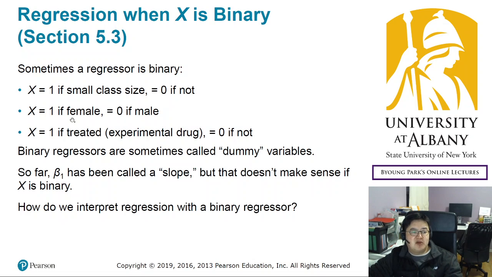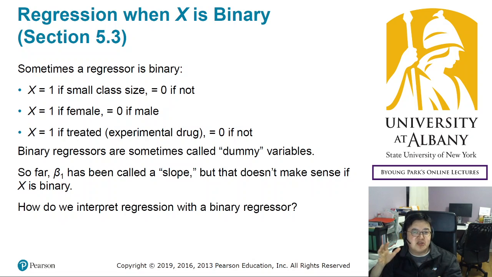Changing male to female means an increase by 1, from 0 to 1, but it has no units. It has no meaning. There is no 2 or 0.5. So 1 and 0 are just on and off, like yes or no type questions.